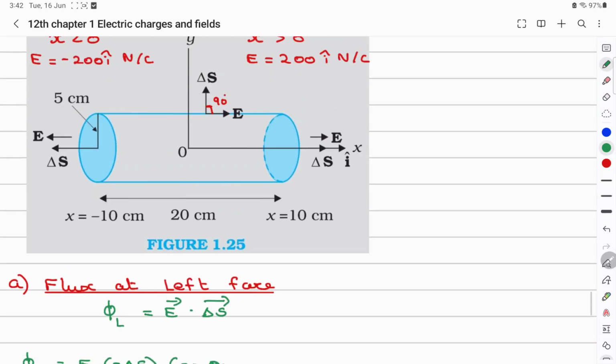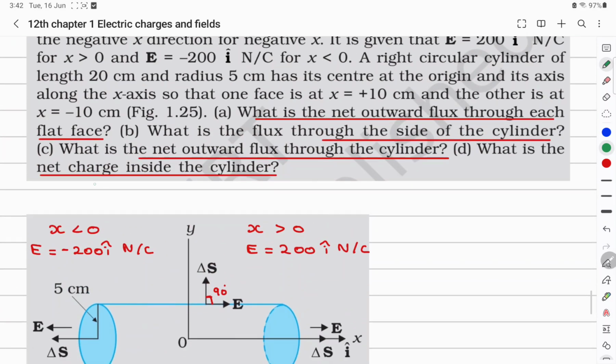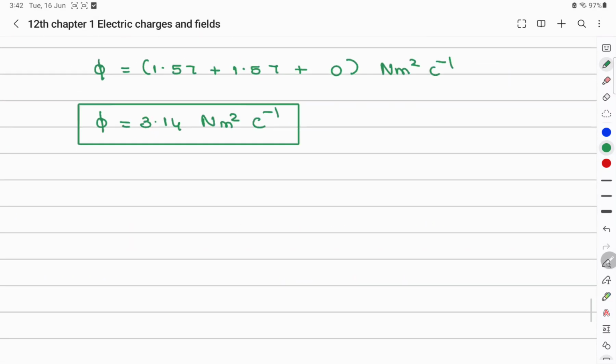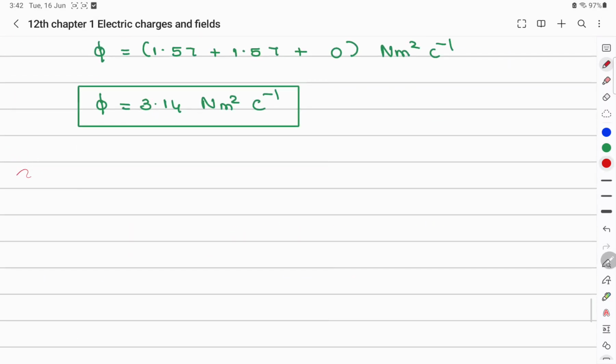And the last question is, what is the net charge inside the cylinder? For this we have to use Gauss law.